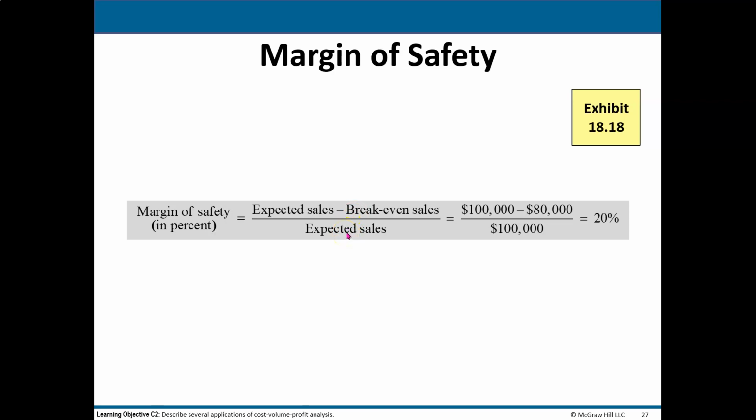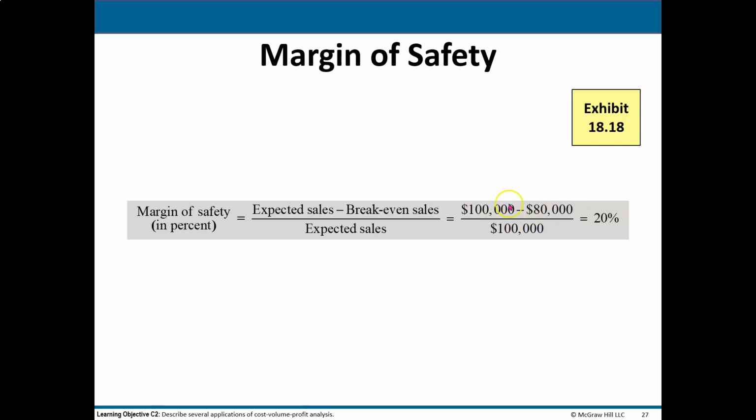So we take our expected sales, and let's say our expected sales are $100,000 of footballs. I have a $20,000 cushion there because my expected sales are higher than my break-even sales.